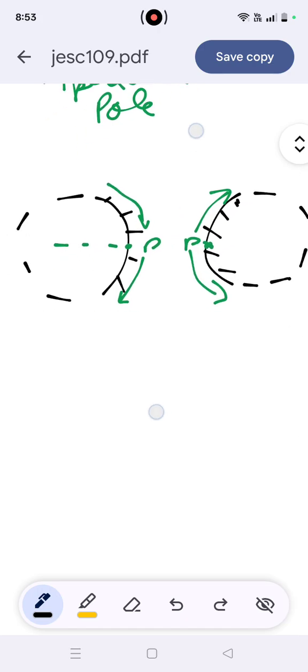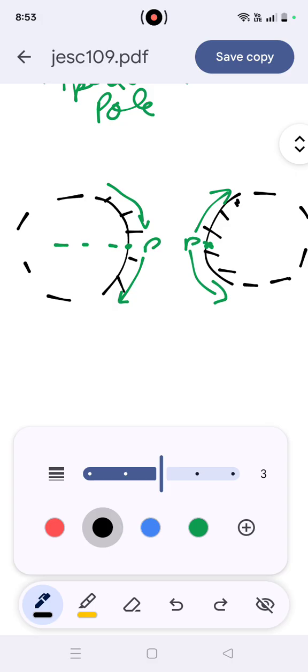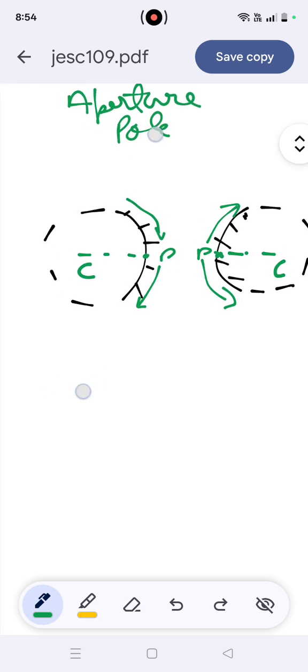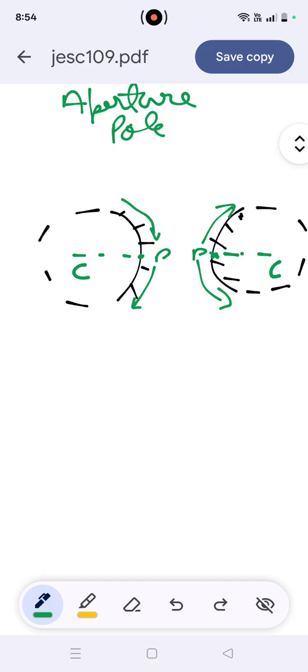The center of the sphere is known as the center of curvature. Here we take an imaginary line. Then we have the principal axis. The center of the sphere is known as the center of curvature.